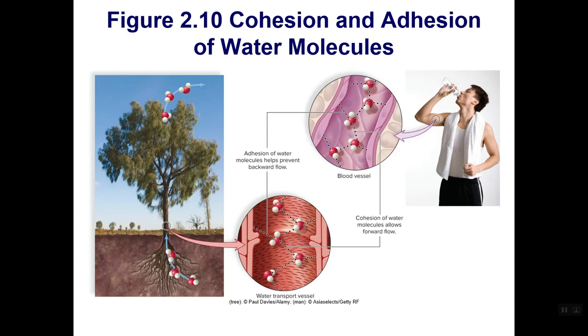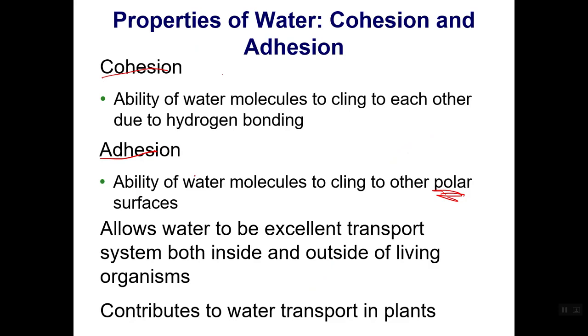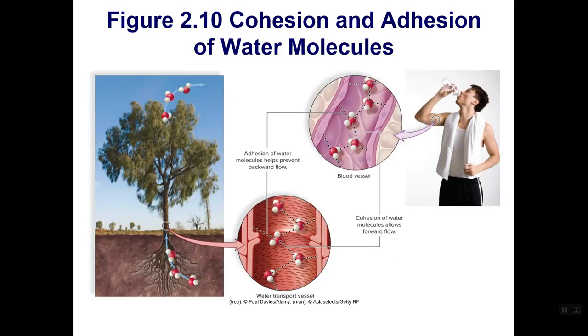All right, the last point on that slide was that, for that reason, it contributes to water's ability to transport in plants as well as other living systems such as humans. So here we see, in this picture, of course, we have a human.